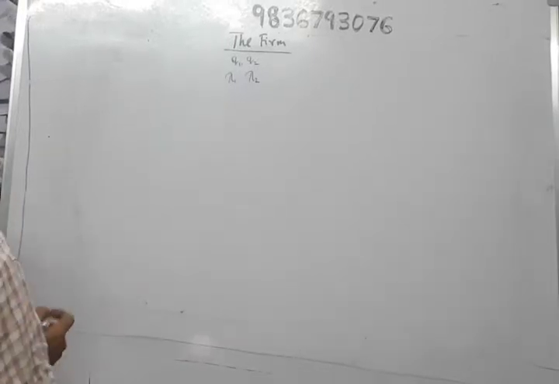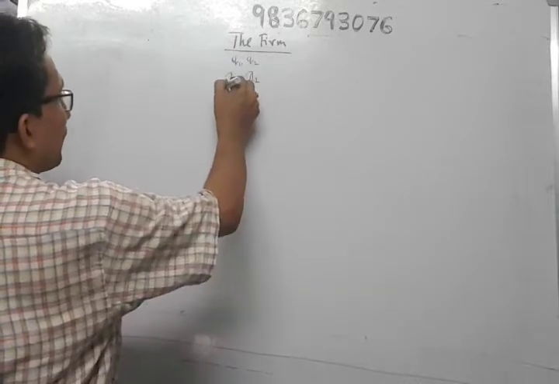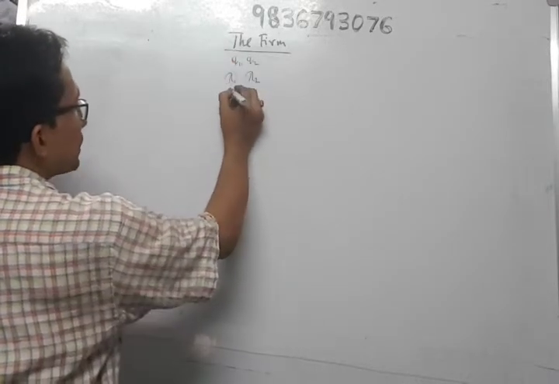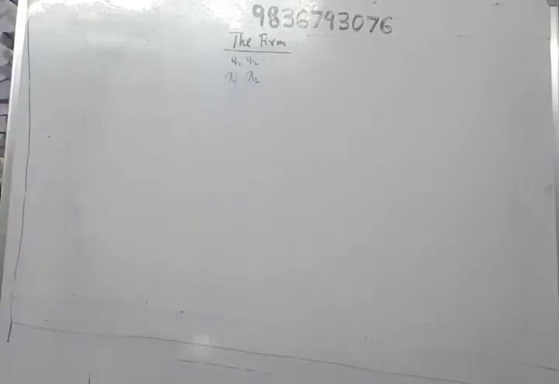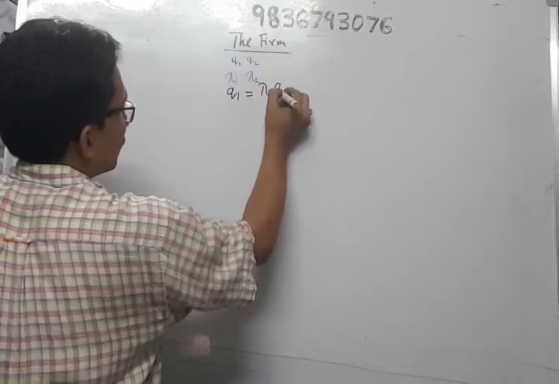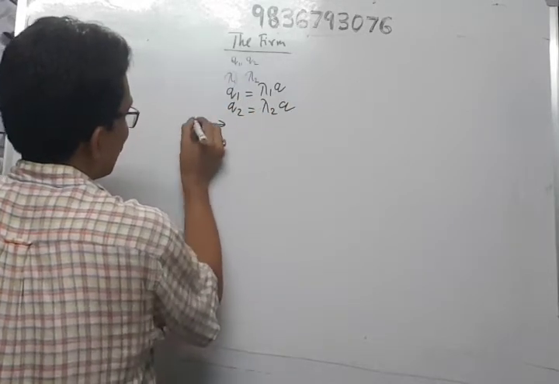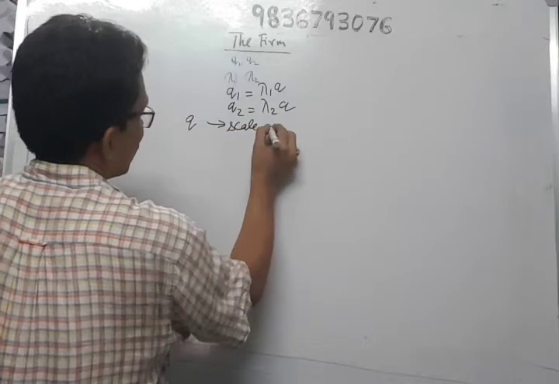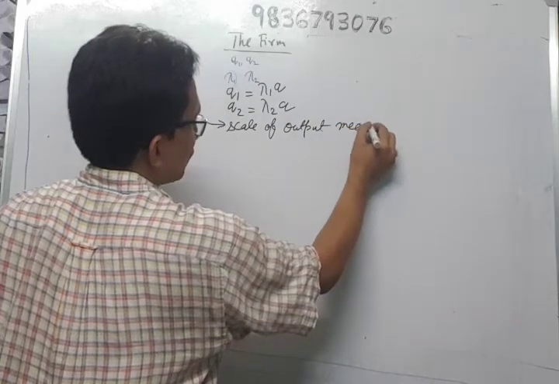So they are manufactured in proportion, that is lambda 1 and lambda 2, such that Q1 is equal to lambda 1 Q and Q2 is equal to lambda 2 Q, where Q is used as a scale of output measure. Okay, so it is used as a scale of output measure.